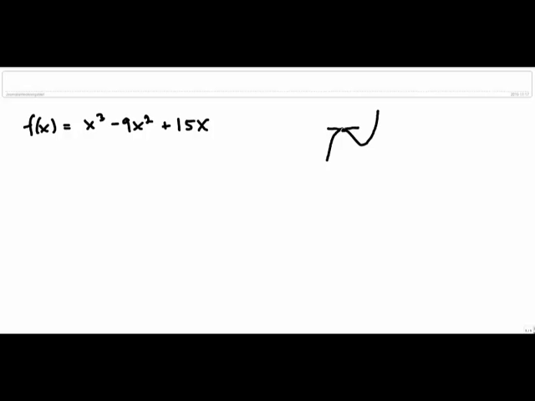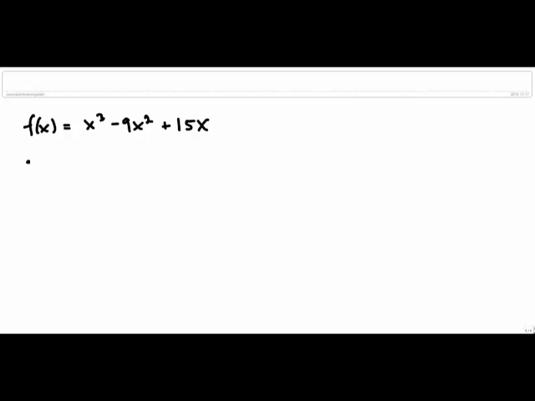And the slope of a horizontal line is 0. Okay? So when we know this, we can use that to find the coordinates for these two turning points. Same thing here. At the minimum, this tangent is going to have the slope 0. So that's what we need to find out.